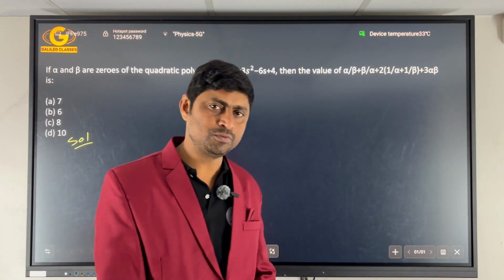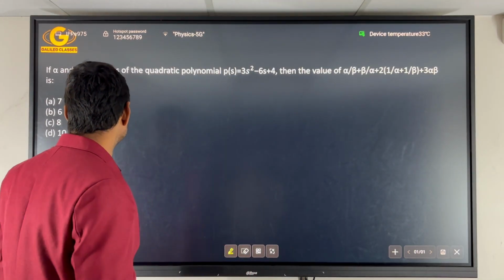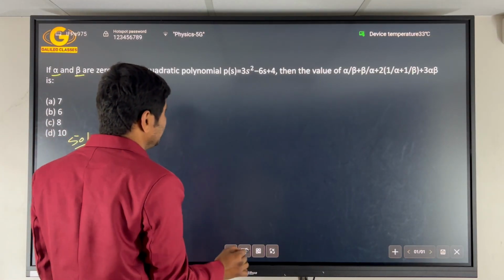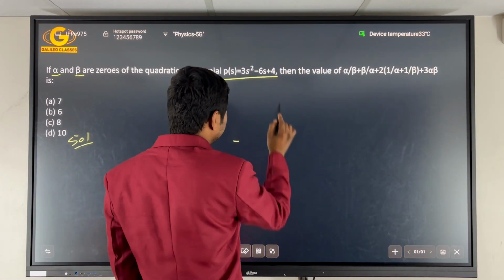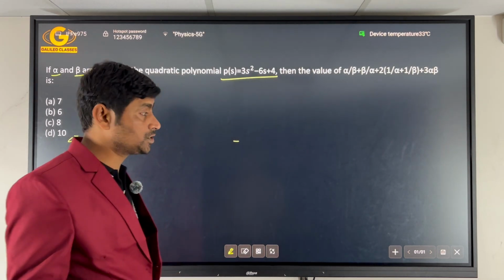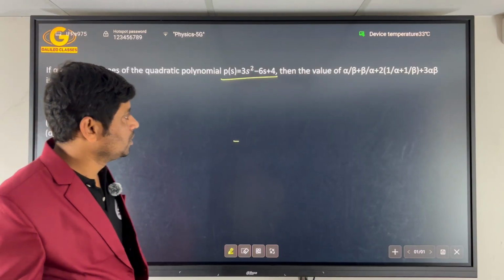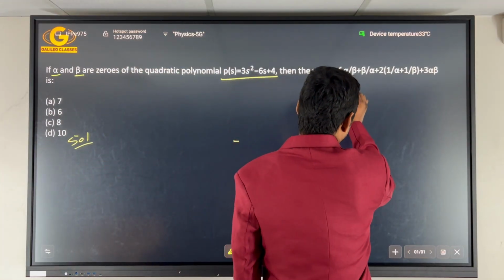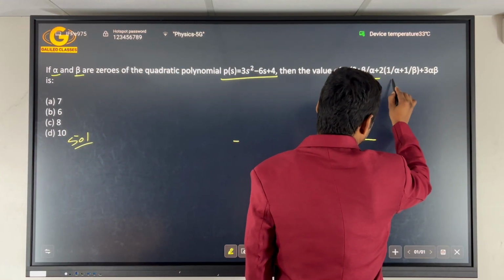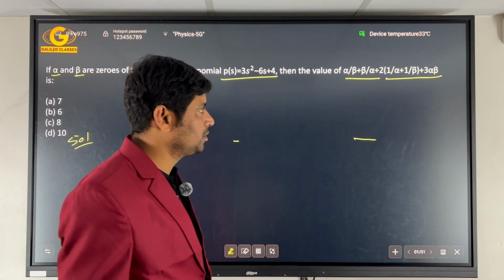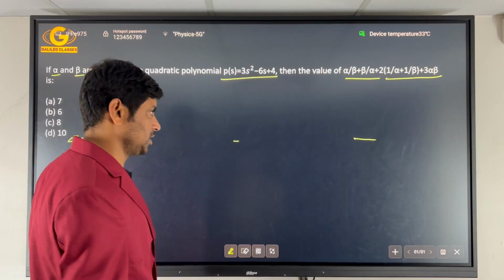The next question of the polynomial is: if alpha and beta are the zeros of the quadratic polynomial p of s is equal to 3s square minus 6s plus 4, then find the value of alpha by beta plus beta by alpha plus 2 into (1 by alpha plus 1 by beta) plus 3 alpha beta.